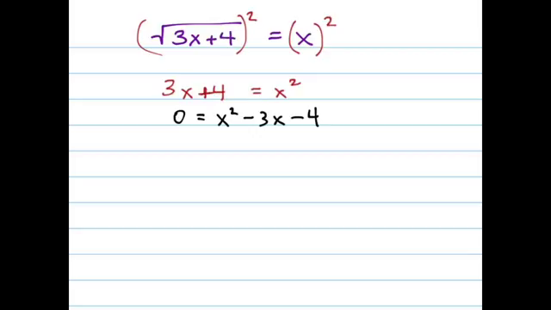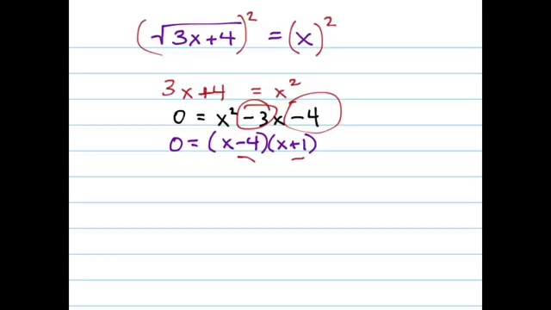X plus 1 times x minus 4. That's right. We need two numbers that multiply together to be negative 4. They've got to multiply up to be this number, and they've got to add up to negative 3. Negative 4 and 1. We want negative 4 and 1.